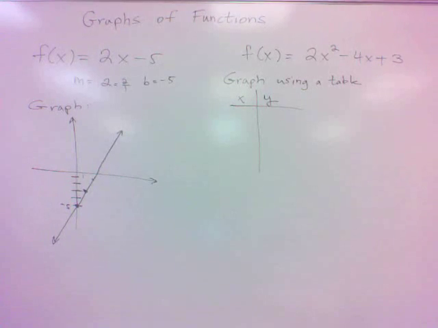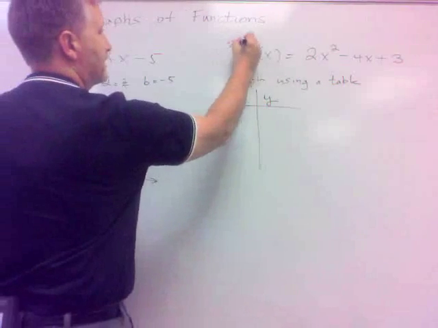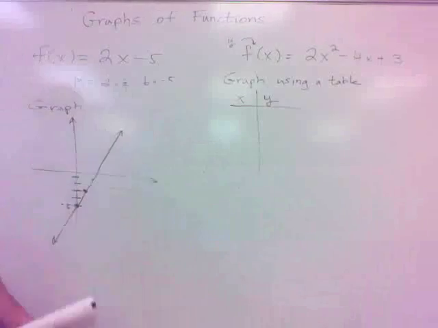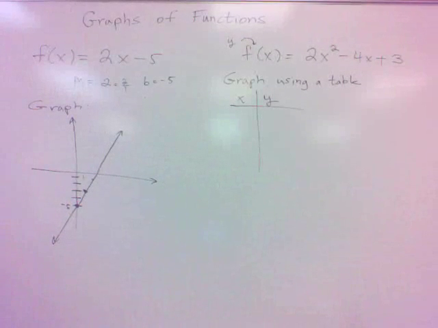What's playing the role here of y, though? This is y, isn't it? The f of x value is my y value. So I can get x and y values to plot on the graph just by using a table here.